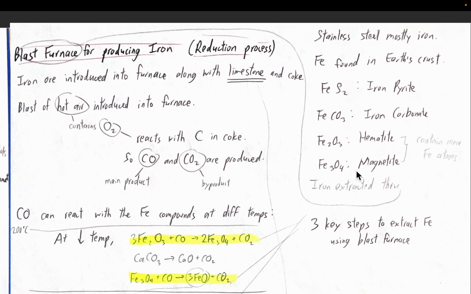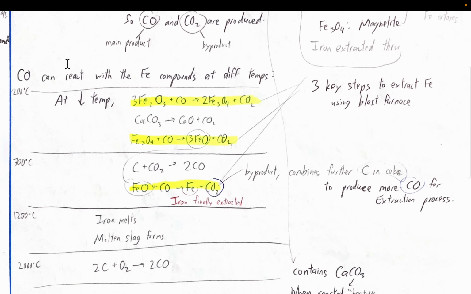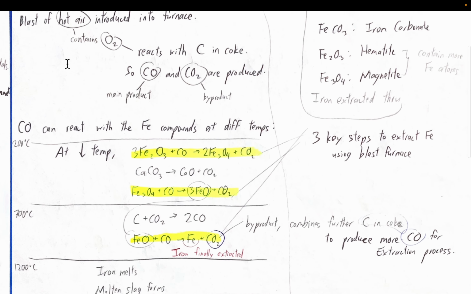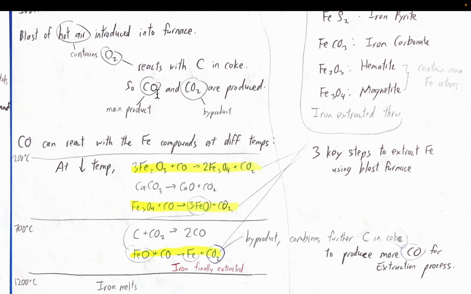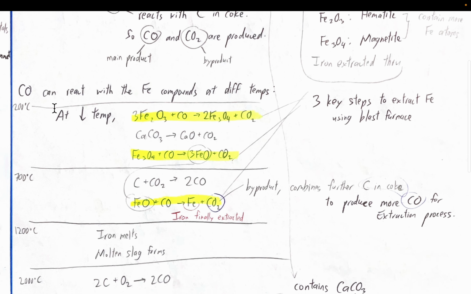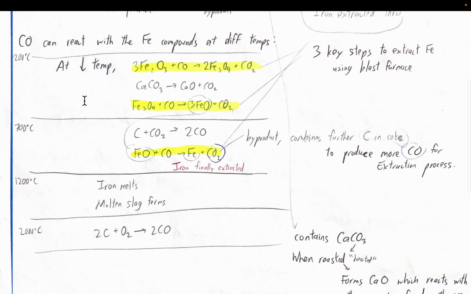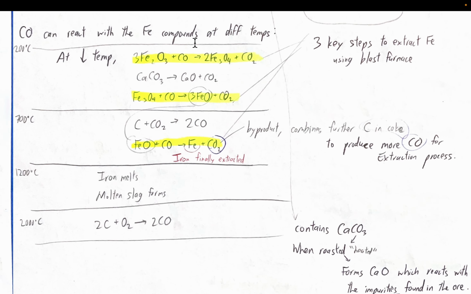But essentially, iron is extracted through a blast furnace. Going back to the idea that carbon monoxide is the main product, it can react with the iron compounds at different temperatures. At lower temperatures, well, there's a span from 200 degrees Celsius to 2000.